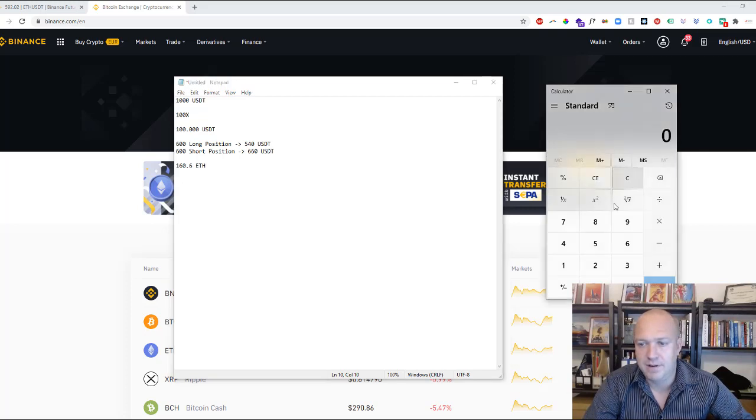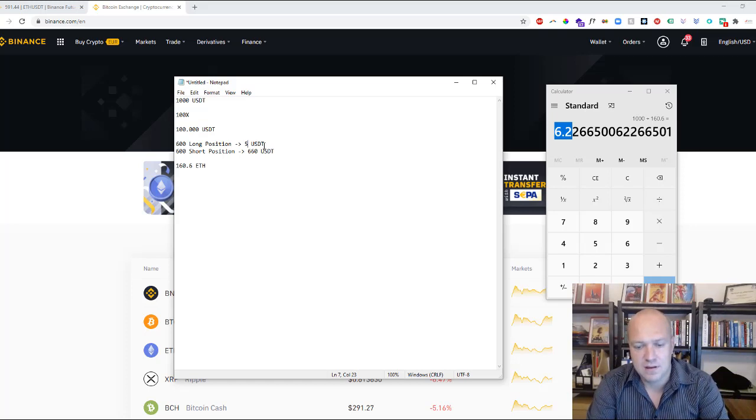But then my gap, if I do the same calculations, 1,000 divided by 160.6, meaning that now my gap is only $6.2, aka at 100,000, if it falls down to 594 for a long position, or it goes up to 606 in a short position, I lose my 1,000.